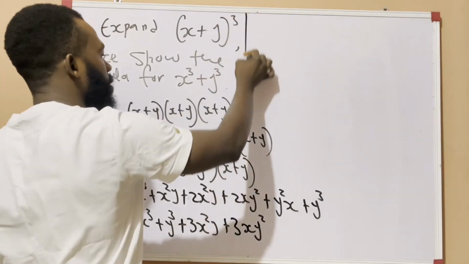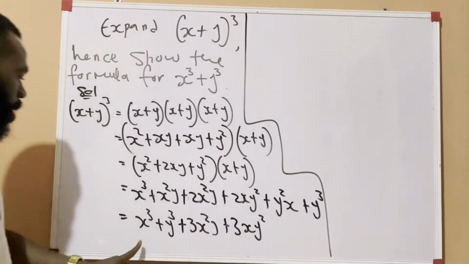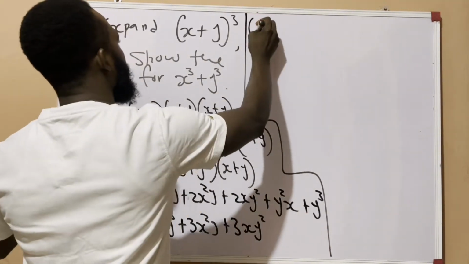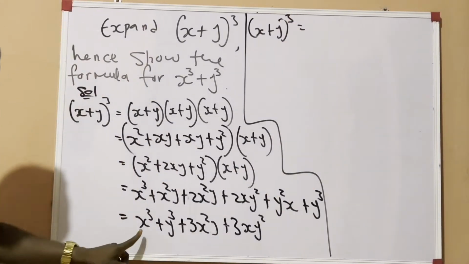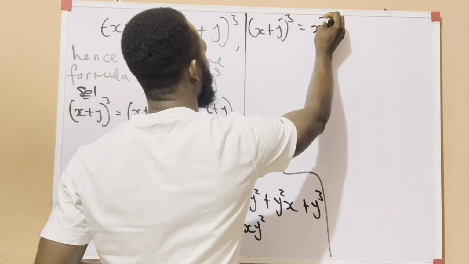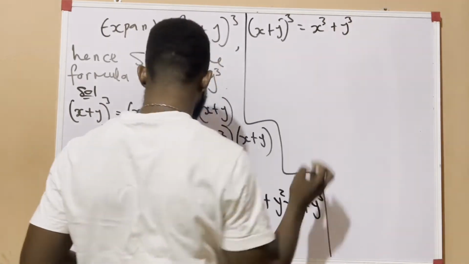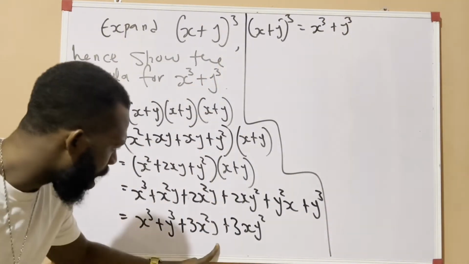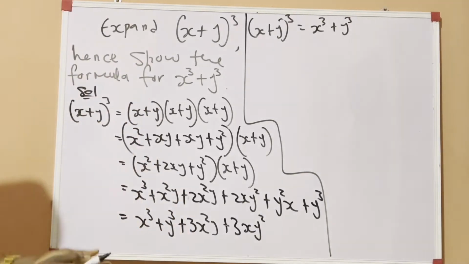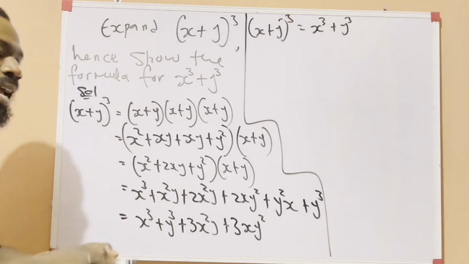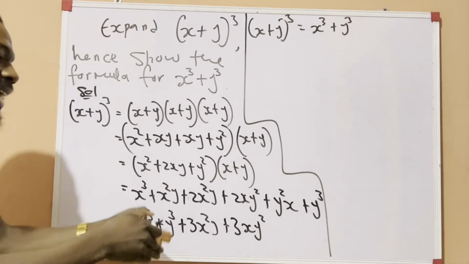Okay, now this is what we're going to do. Here we have this: (x + y) all raised to the power of 3 is equal to x cubed plus y cubed. Now 3x squared y plus 3xy squared has 3xy in common.